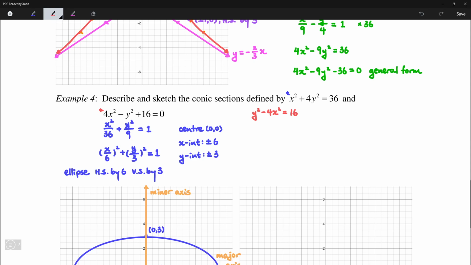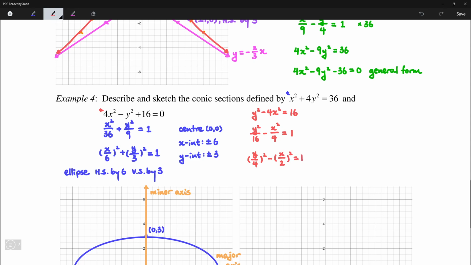So we're going to go ahead and divide both sides by 16 here. So we have y squared over 16 minus 4x squared over 16, which is x squared over 4, is equal to 1. And of course, we can rewrite y squared over 16 as y over 4 all squared, and then minus x over 2 all squared. And that's going to be equal to 1.